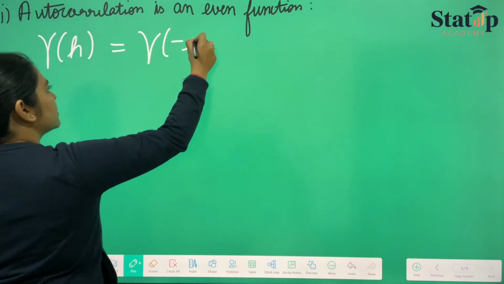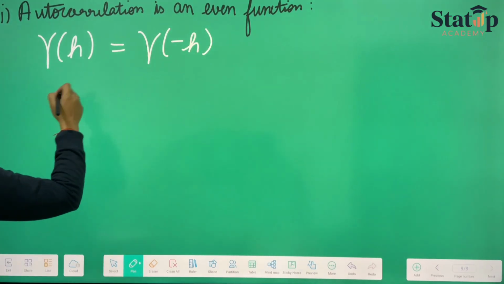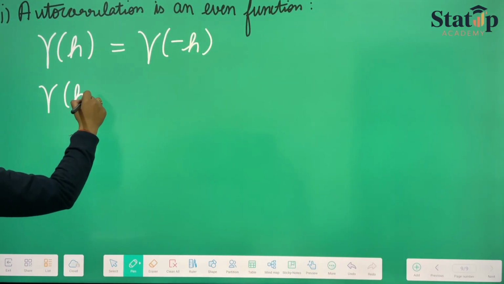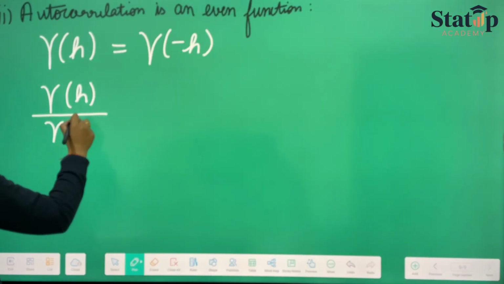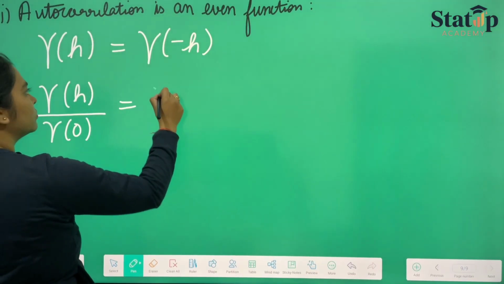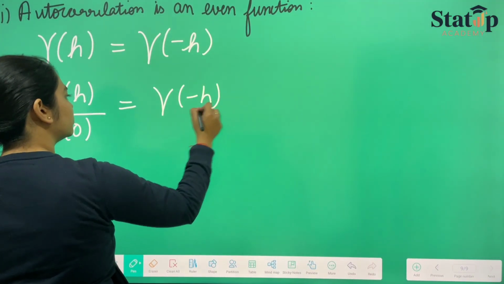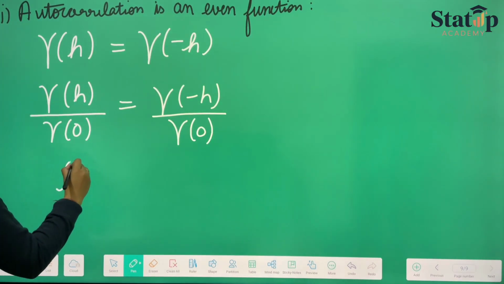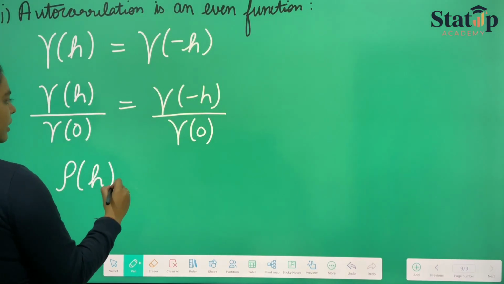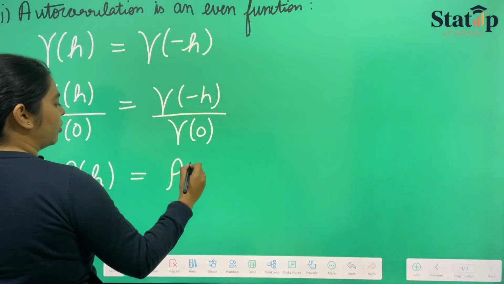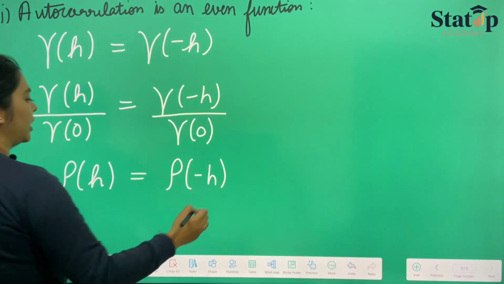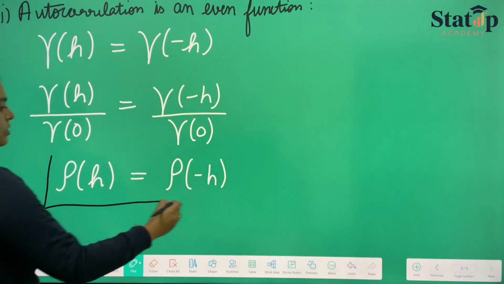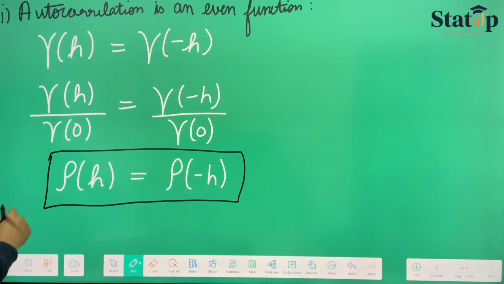So we can write this like this, dividing both sides by autocovariance of lag 0. This would be autocorrelation of lag h and autocorrelation of lag minus h. And hence this is also an even function.